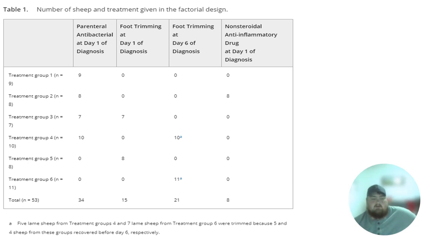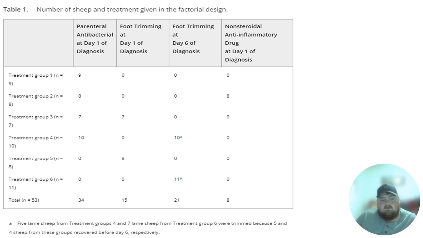And if you look at the top of the table, it shows you the different ways they treated them. The first one says they just treated them with antibiotics on day 1 of diagnosing they had foot rot. Then there's the foot trimming on day 1. Then they do a foot trimming on day 6. And then they have a NSAID on day 1 of recognizing foot rot.